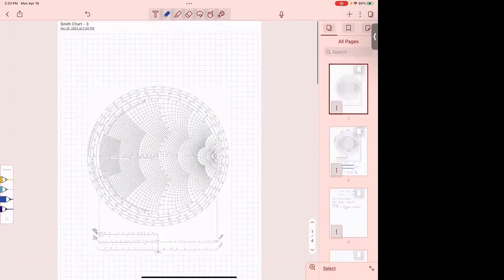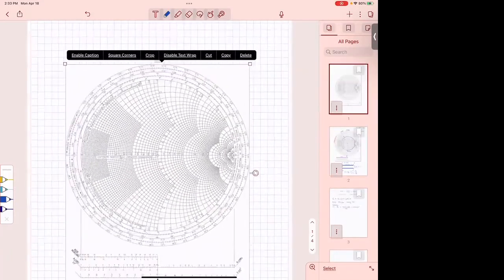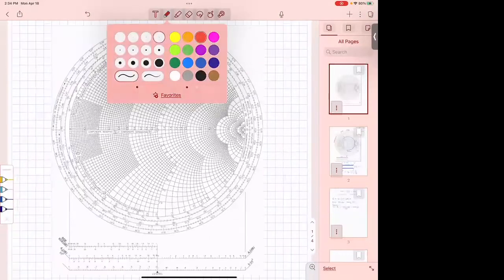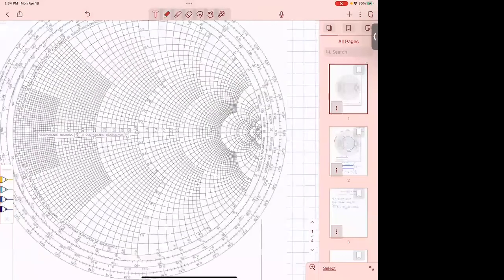On this Smith chart, which I brought here, you can tell that there are some circles. There is a group of circles that go like that, and I will show you one at least, that go like this.